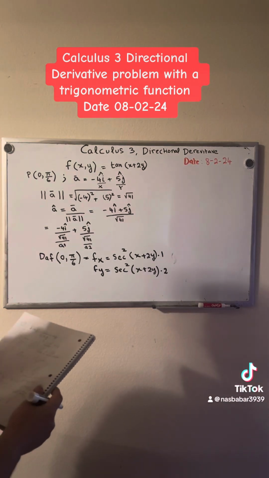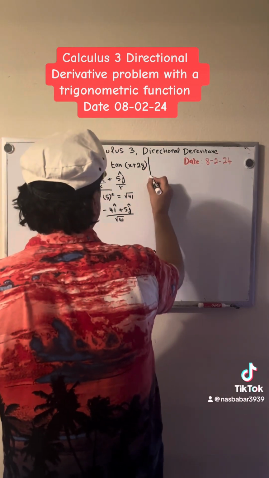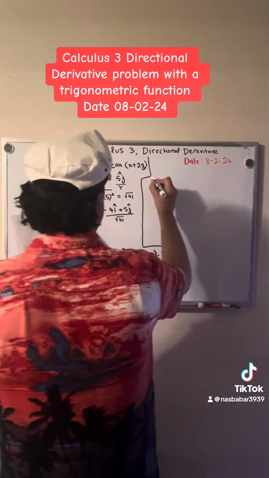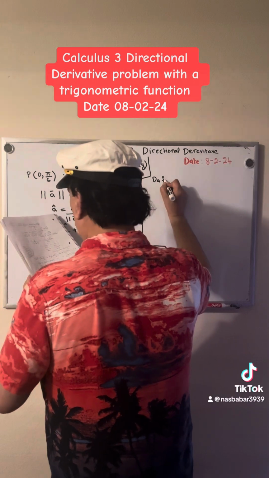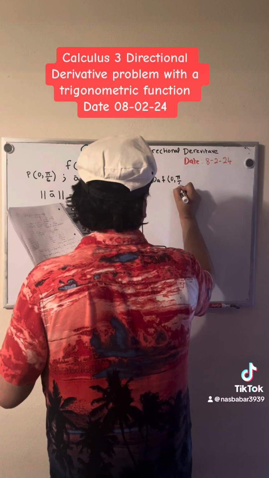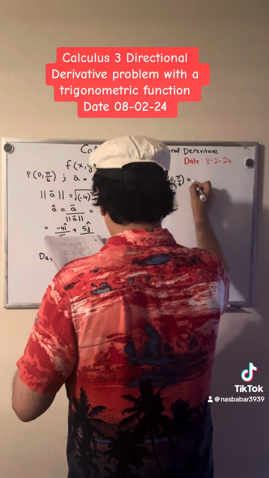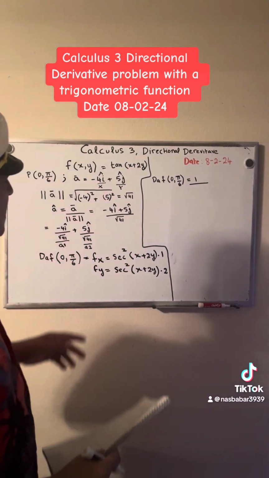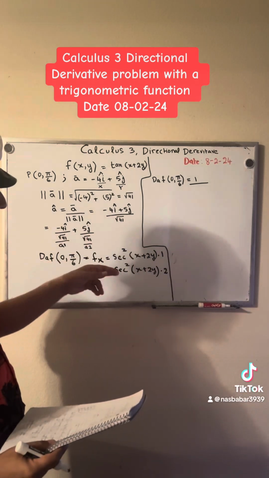Now let me move this a little bit over here so I can get more room. So then I say the directional derivative of f at (0, pi over 6) is equal to 1 over... Remember I showed you the table last time, you can find the reciprocal or inverse.